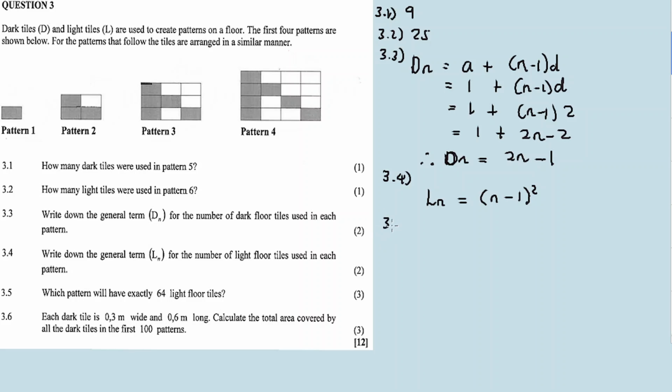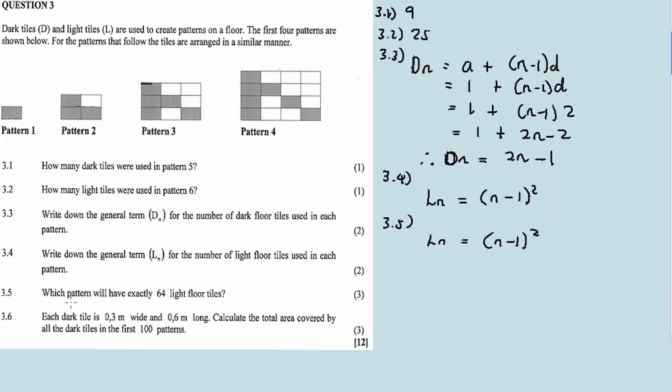3.5 Which pattern will have exactly 64 light floor tiles? This is ln equal to, this is the nth term for the light tiles.